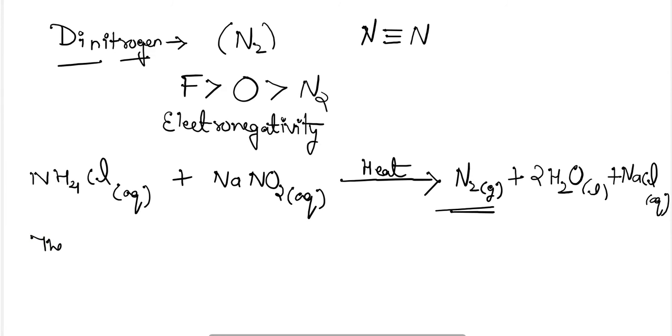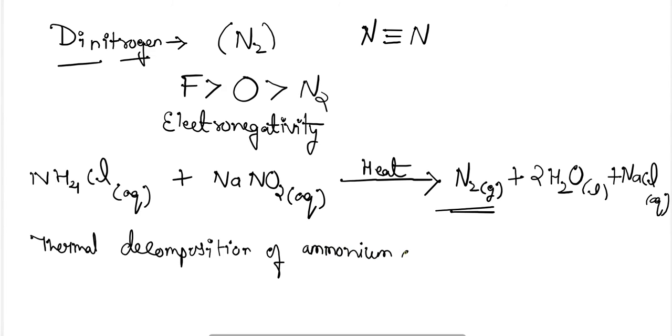Next, thermal decomposition of ammonium dichromate can also be used to prepare dinitrogen. The formula for ammonium dichromate is (NH4)2Cr2O7.